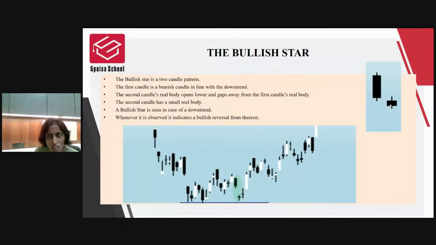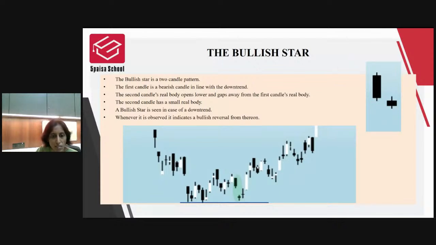Here the real body is small, indicating that the difference between the opening price and the closing price is reducing, the range is reduced. It is at this point that you understand the market might move upwards.